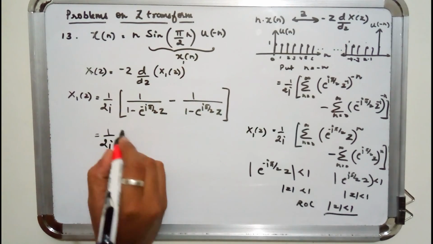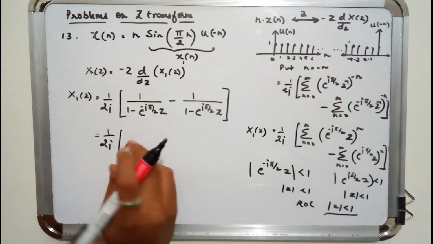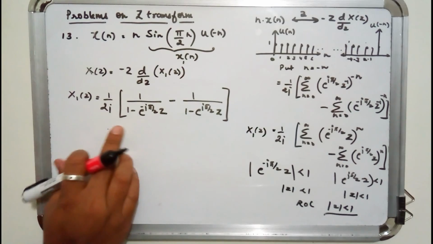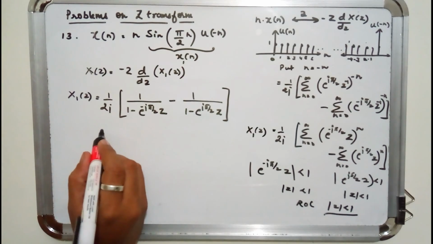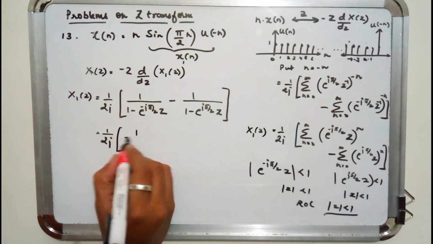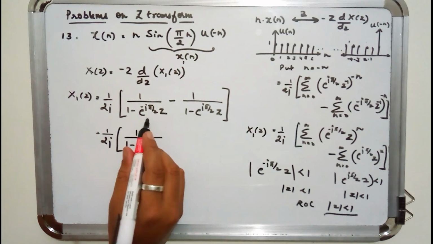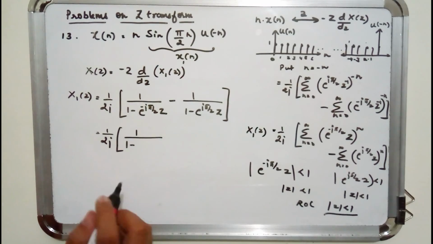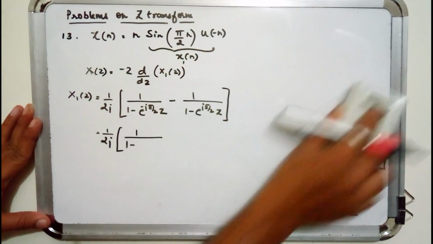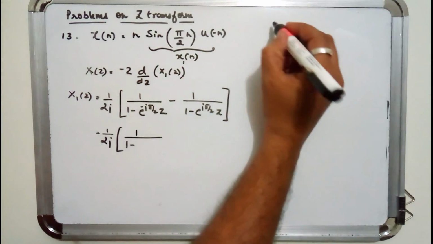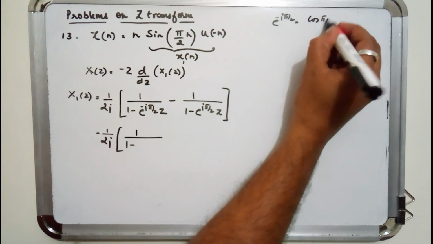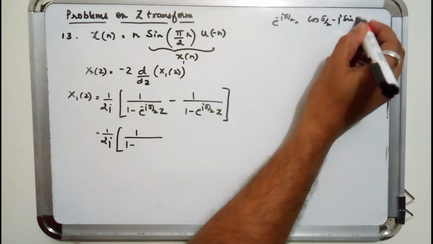1 by 2j, I need not take the common denominator, I can simplify here itself. So it is 1 by 2j into 1 by 1 minus e power minus j pi by 2 z. This is simple: e power minus j pi by 2 is cos pi by 2 minus j sin pi by 2.